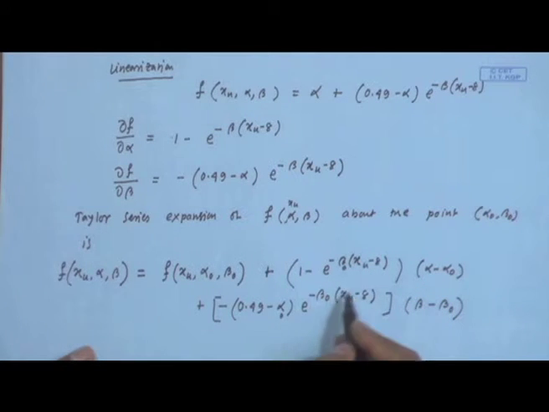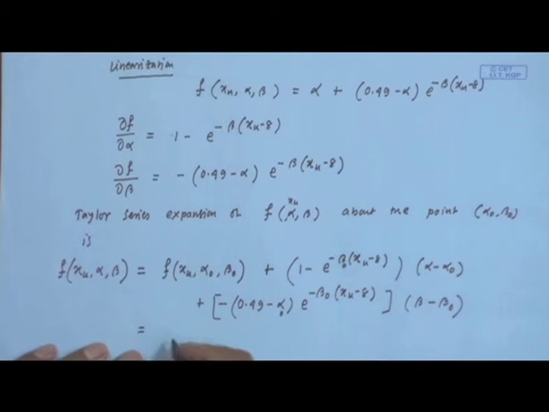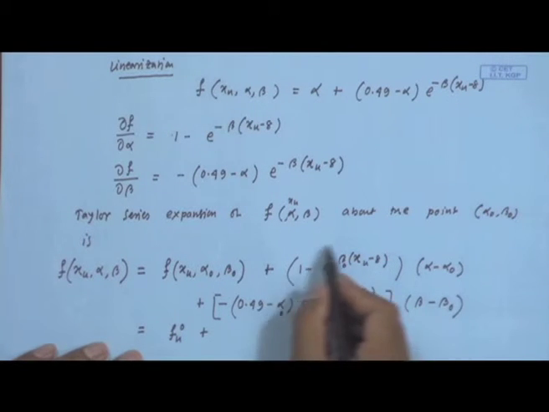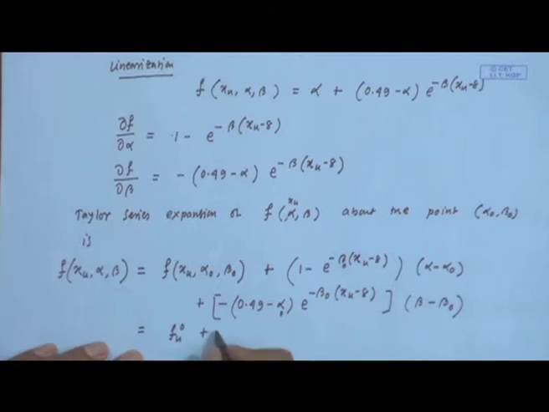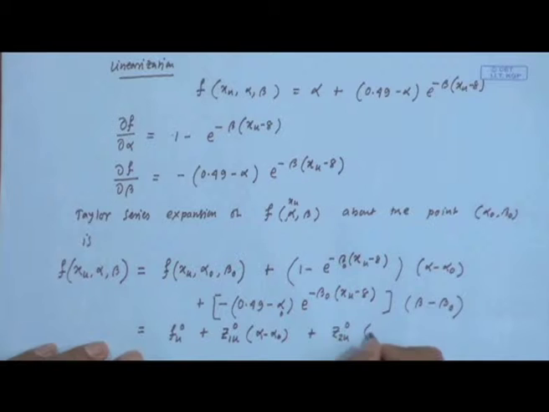Okay. So, this is a constant term, and this one is also constant because we have plugged in the values alpha naught, beta naught. So, we will write this in notation as f_u naught plus this partial derivative at the point alpha naught, beta naught, that we will write as z_1u naught, times alpha minus alpha naught, plus z_2u naught times beta minus beta naught.